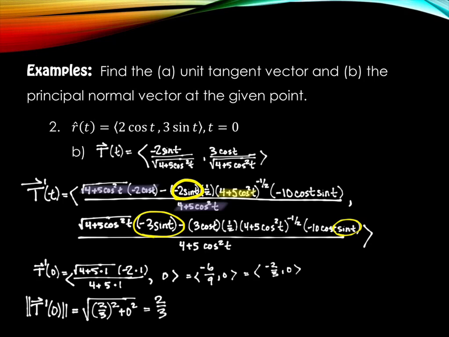And then when I find the principal unit normal vector of 0, because that's what we're working with, which is T prime of 0 over the magnitude of T prime of 0, we're going to get negative 2/3, 0 divided by 2/3, or in this case multiplying by 3/2 if you wish, and we're going to get 1, 0. And again, that's just negative 1?